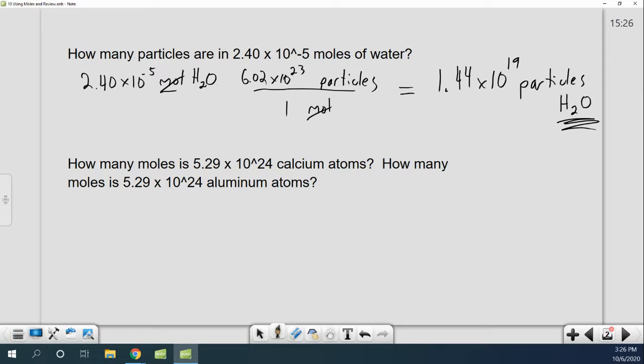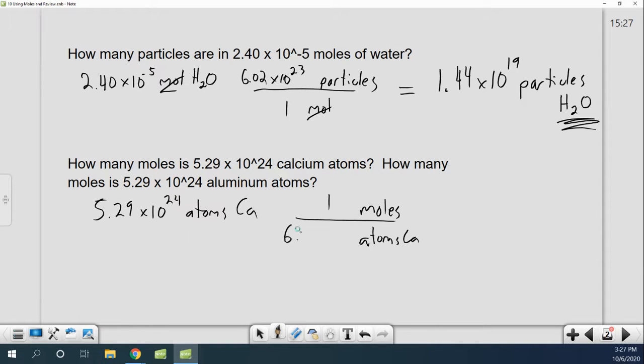All right, how many moles is 5.29 times 10 to the power 24 calcium atoms? These are atoms, and these are calcium. I've got to get rid of atoms of calcium and turn it into moles. 1 mole is 6.02 times 10 to the 23, right?